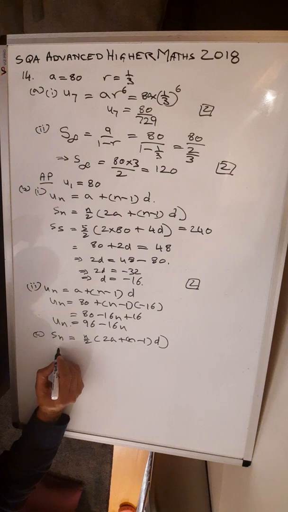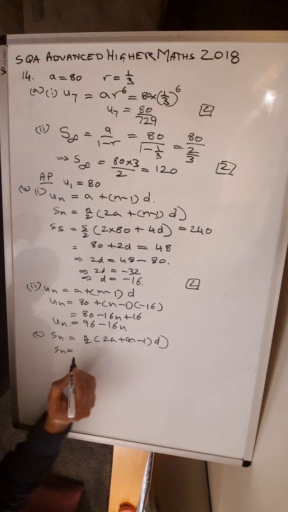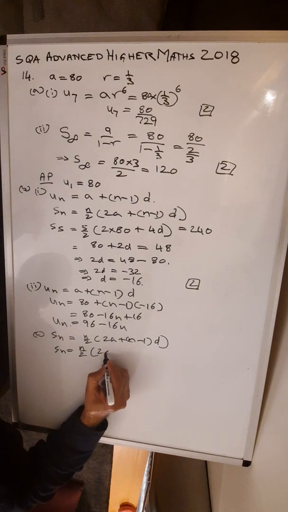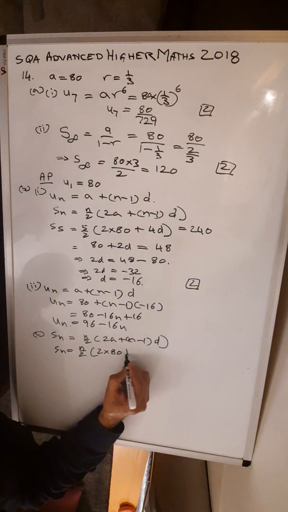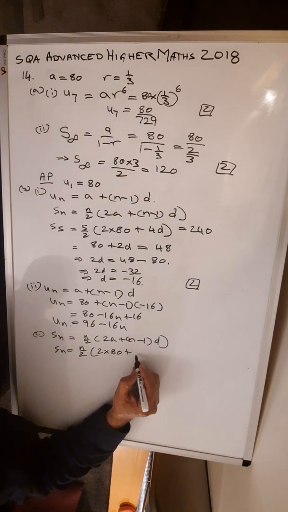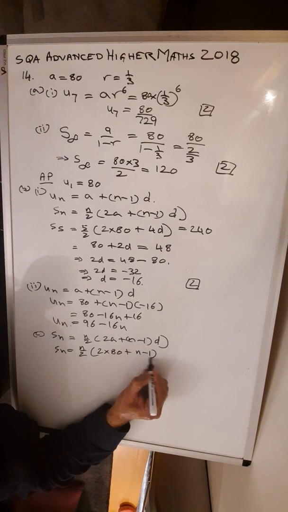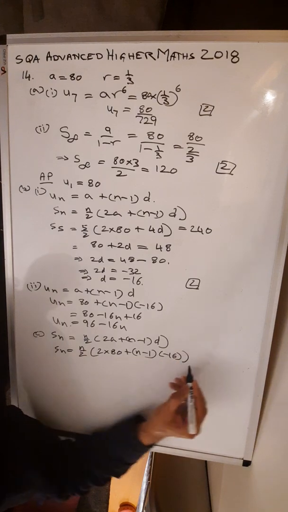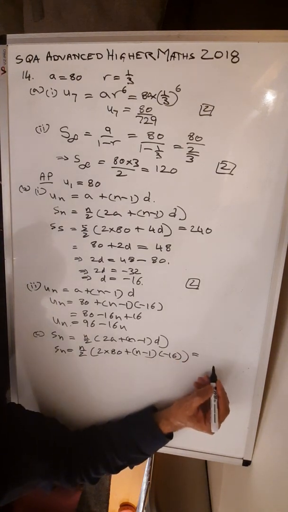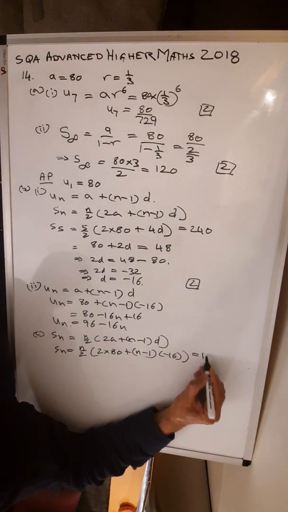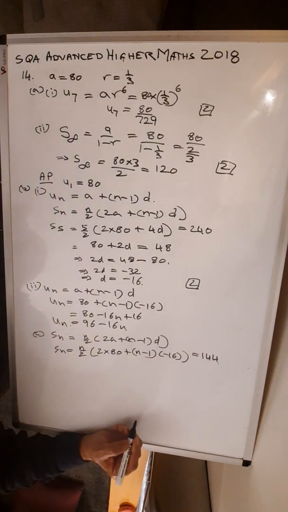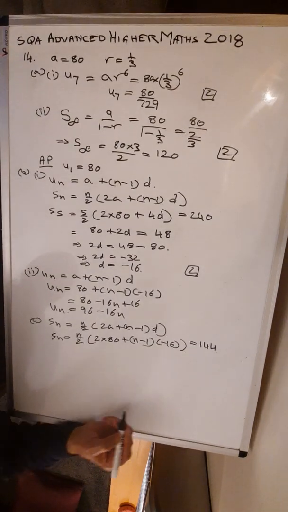So n over 2 times 80 plus n minus 1 times minus 16 is equal to 144. Find the values of n. So this is what you're working with.